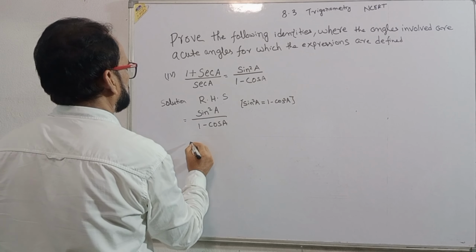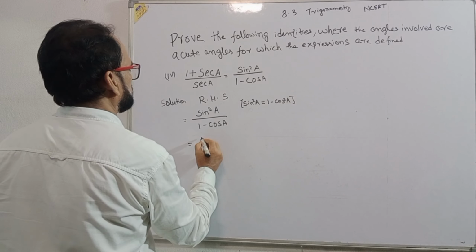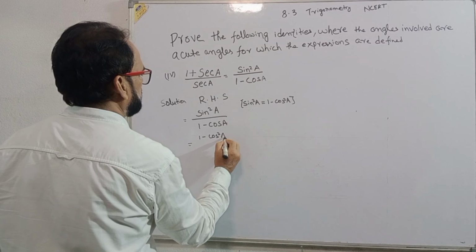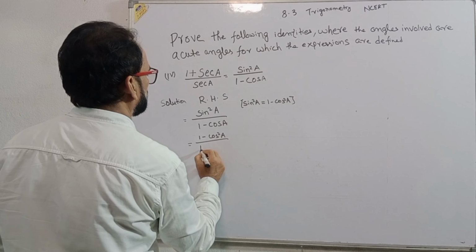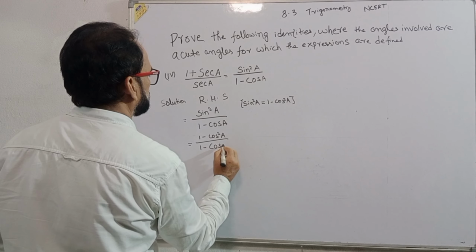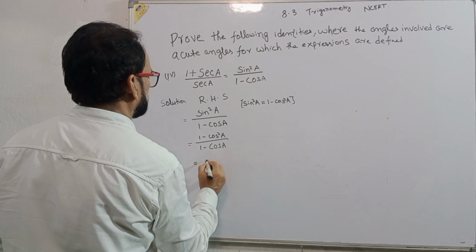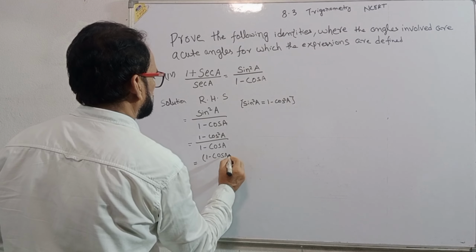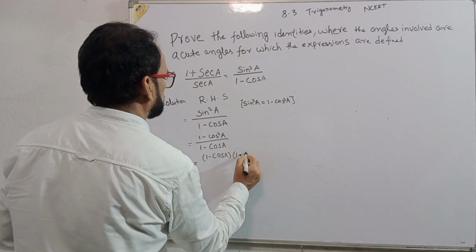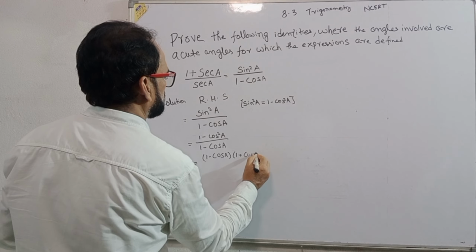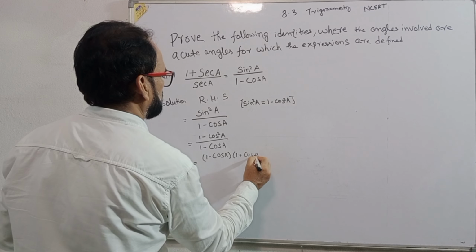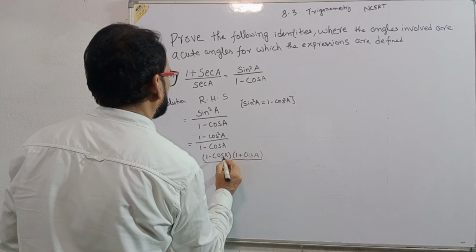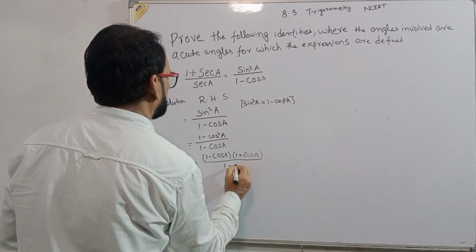Now here 1 minus cos square A divided by 1 minus cos A. Here 1 minus cos A, 1 plus cos A, divided by 1 minus cos A.